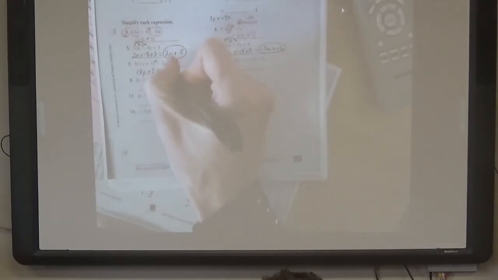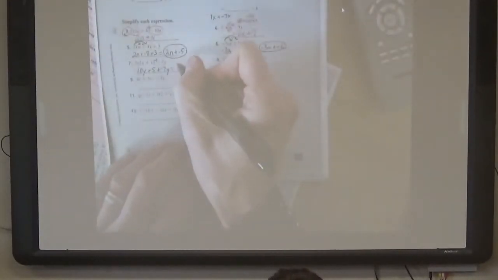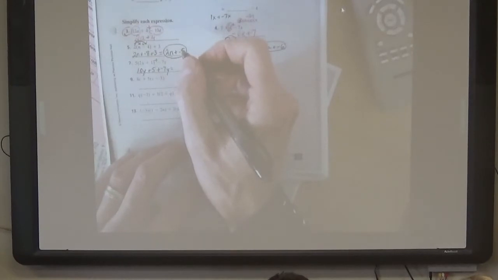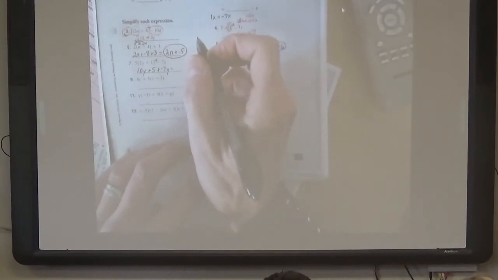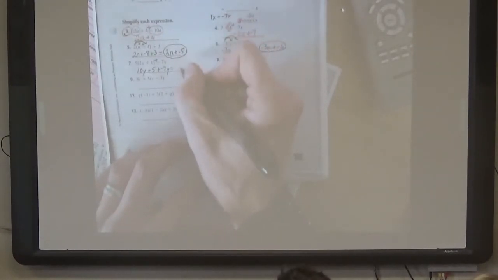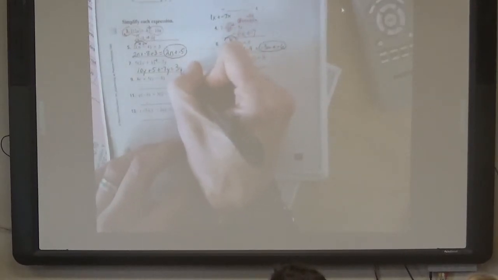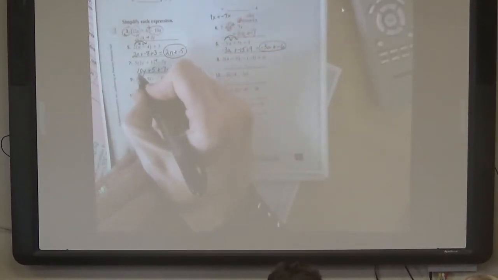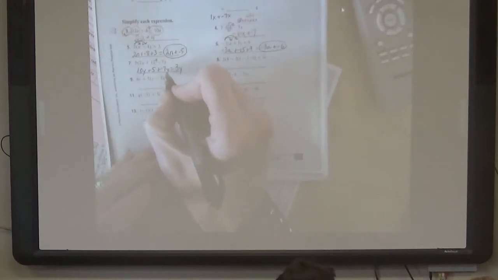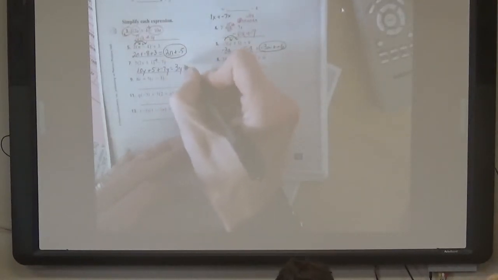Insert a plus sign, so we have plus negative 7y. And then simplify that. Liv? It's negative 3y. Wait. Positive 10 and negative 7. Positive 3y, right?